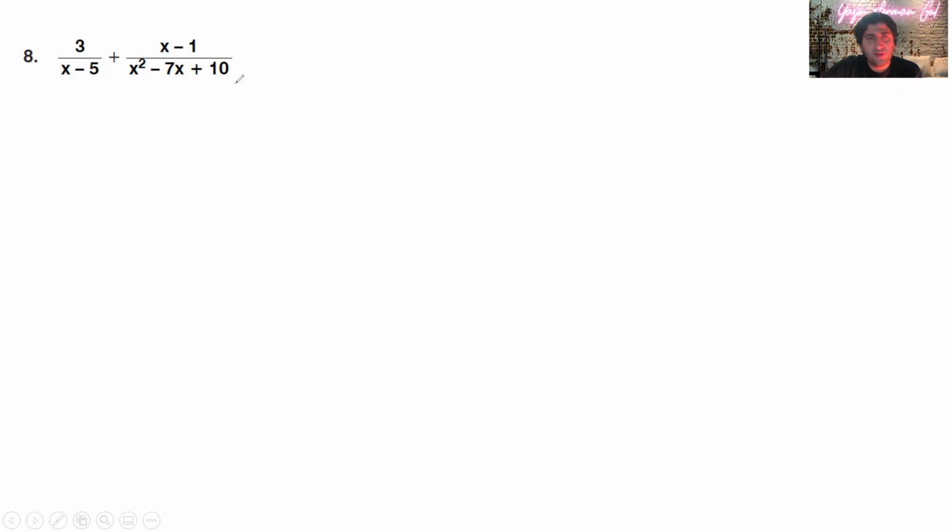So firstly, guys, see this is a trinomial, x squared minus 7x plus 10.